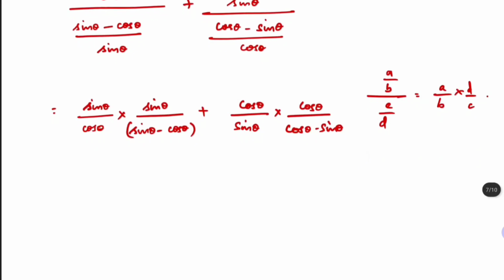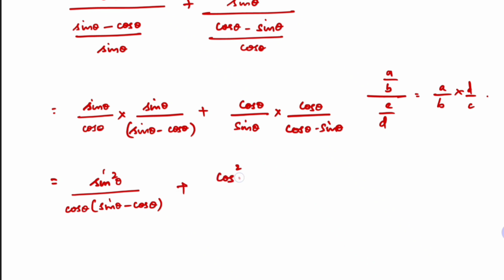Now sin theta into sin theta is sin square theta divided by cos theta into sin theta minus cos theta plus cos theta into cos theta is cos square theta divided by sin theta into cos theta minus sin theta.